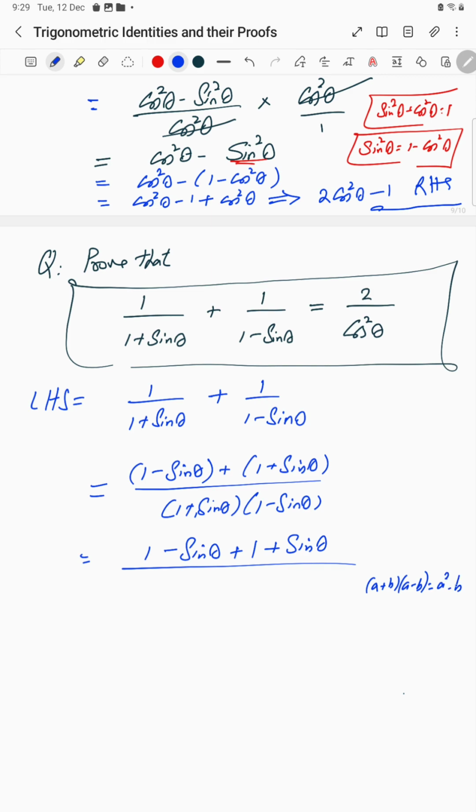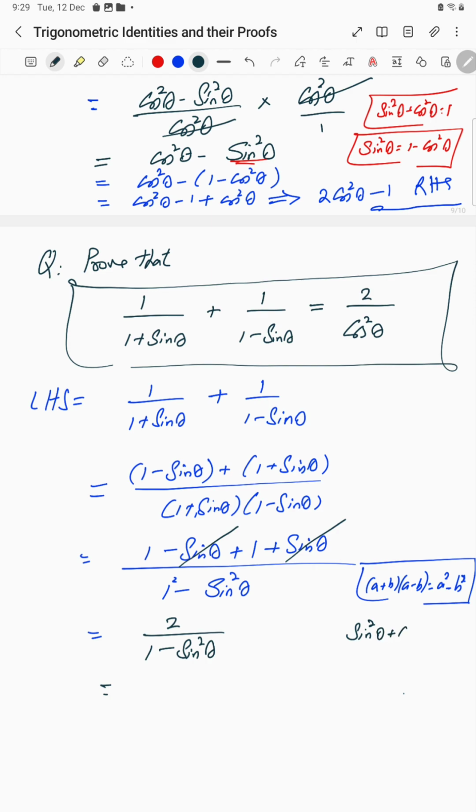That was a square minus b square. We can apply this identity in the denominator to write it as 1 square minus sine square theta, and in the numerator you can see the minus sine theta and plus sine theta cancel, 1 plus 1 makes 2, over 1 minus sine square theta.